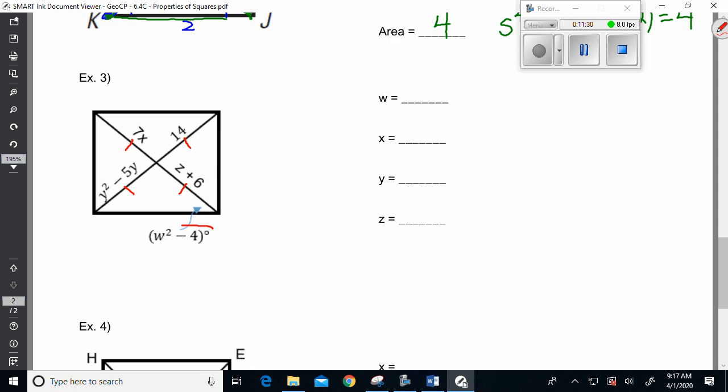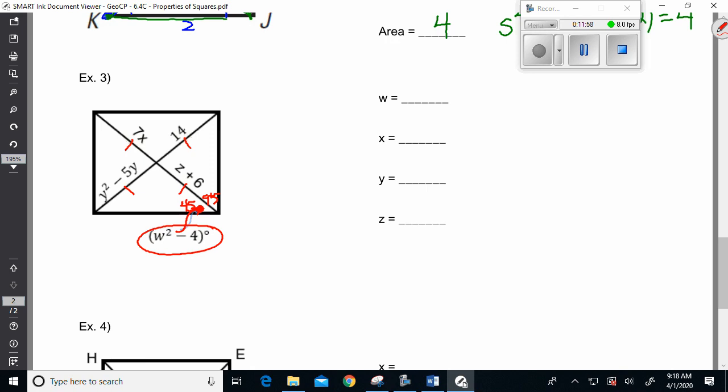They also gave you this angle, and look at where it's pointing. It's pointing to that little corner of the square. That's important, because that way you know what number it gets. It's pointing to that little corner, which is a 45-degree corner. If it was talking about the whole thing, then you would be setting it equal to 90.